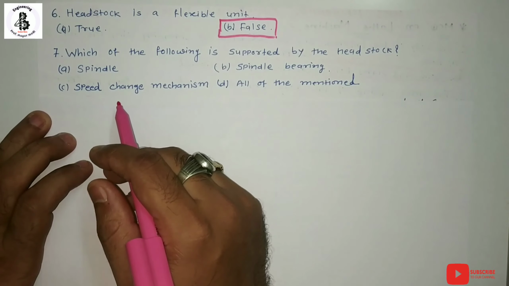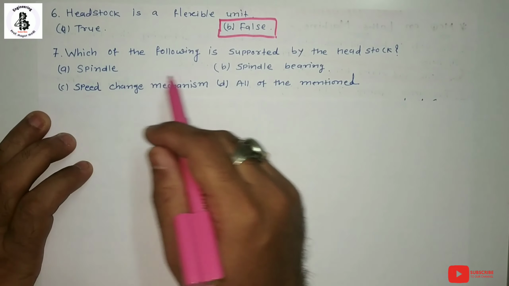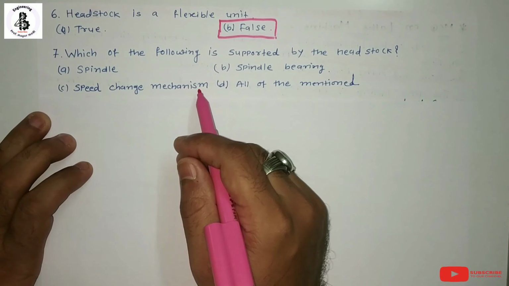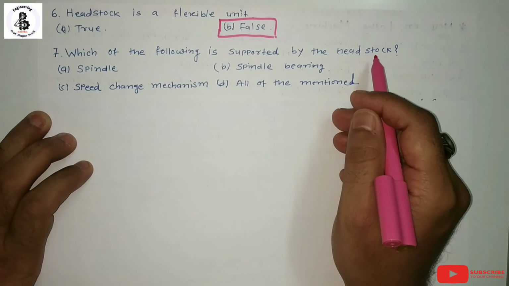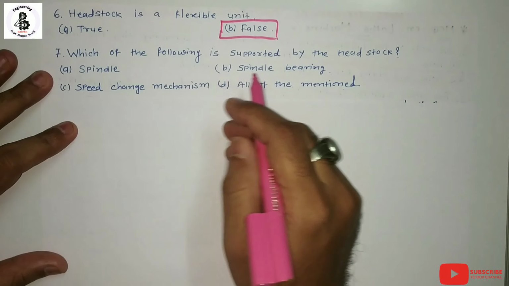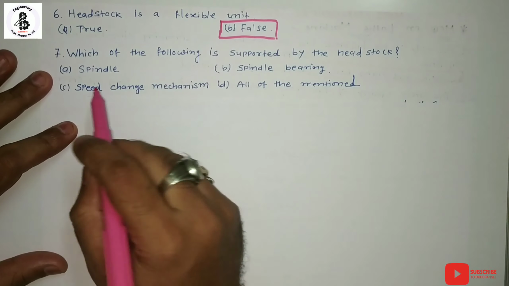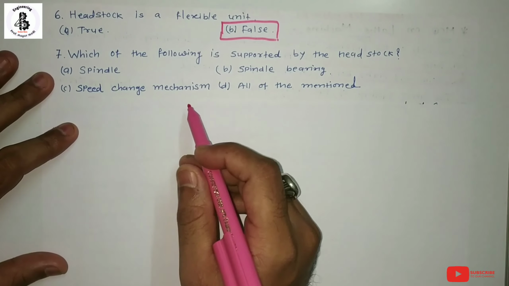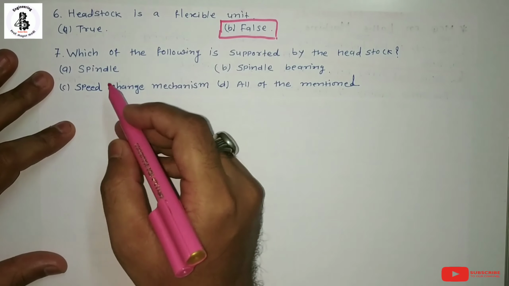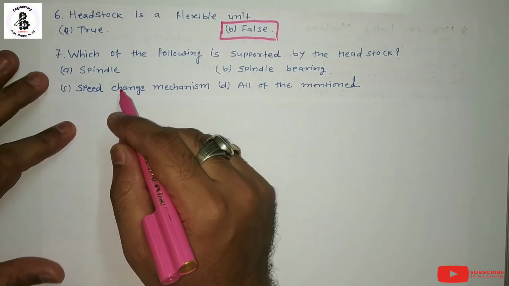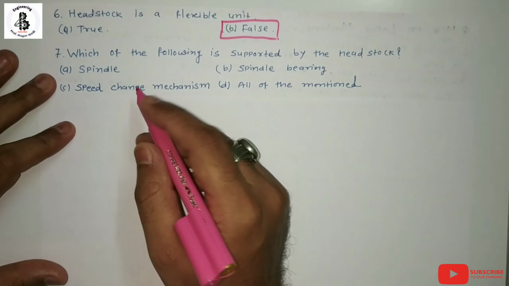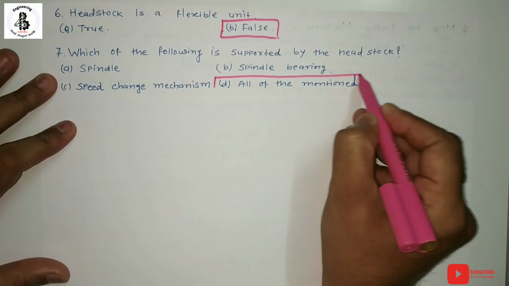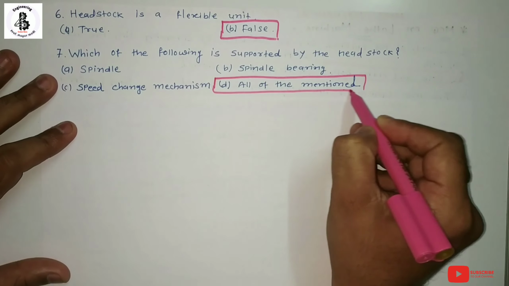So the spindle, spindle bearings and speed change mechanisms are all part of the headstock. So the answer is D, all of the mentions.